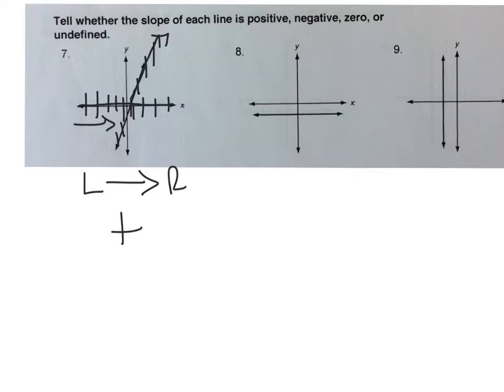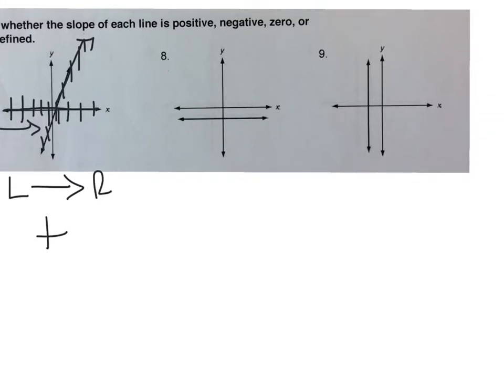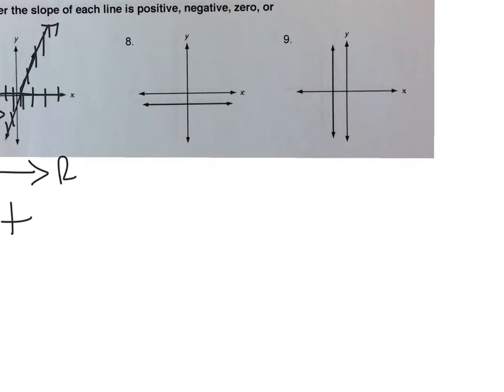Now let's take a look at these next two problems. These next two problems are interesting because one is horizontal, that's this one, and one is vertical. Now let's pick some coordinate points. So let's pick this one and this one. Let's say that could be -3, -1, and this one could be +2, -1.